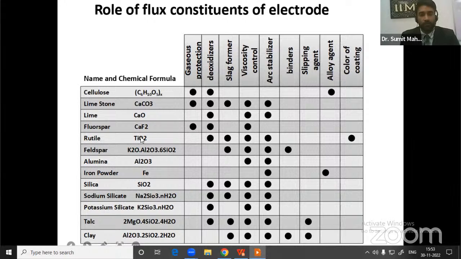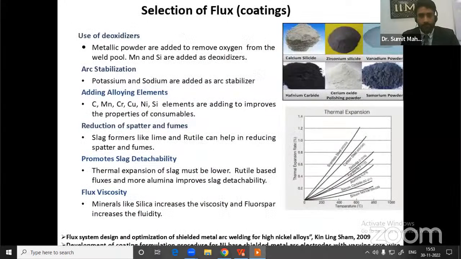So there are various components. Based on the application, we combine those minerals in a certain particular ratio, and we define our electrode coating composition.